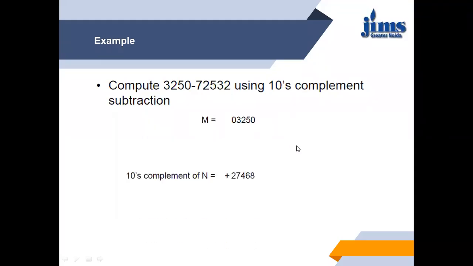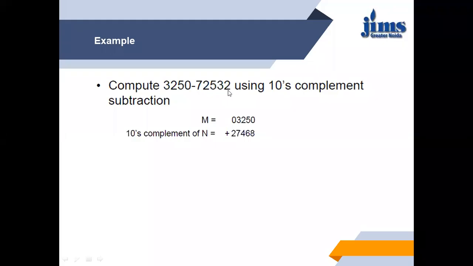So here is the tens complement of 72532. How have I calculated it? I first find the nines complement: 9 minus 7 is 2, 9 minus 2 is 7, 9 minus 5 is 4, 9 minus 3 is 6, 9 minus 2 is 7.